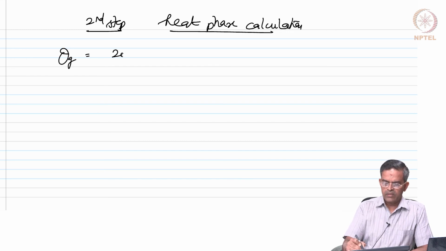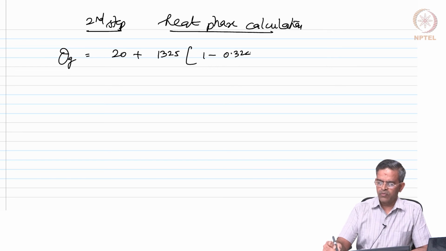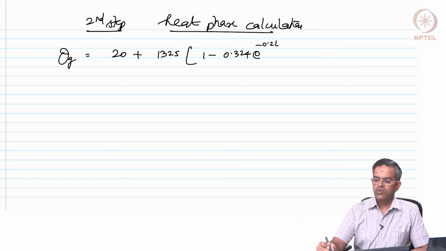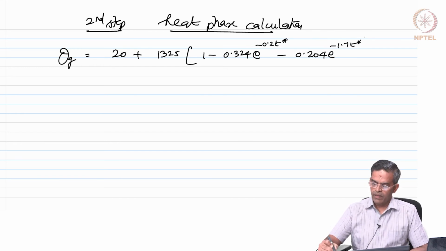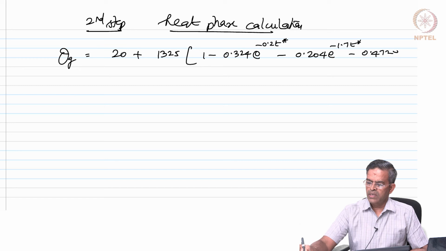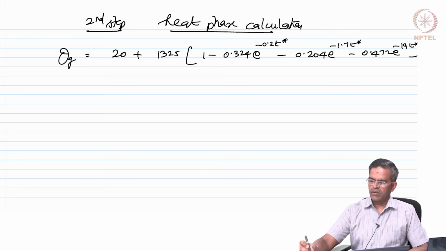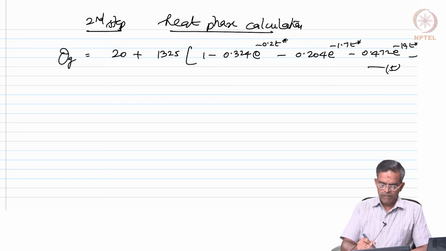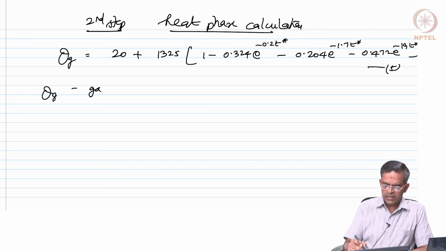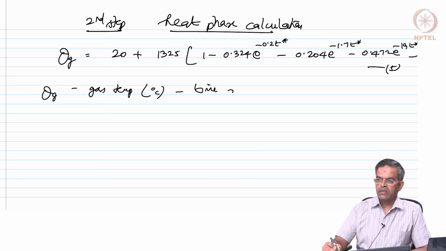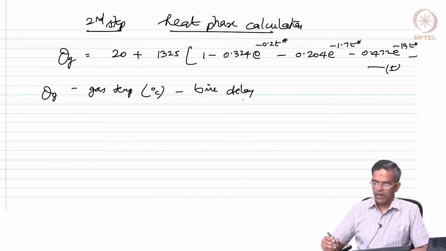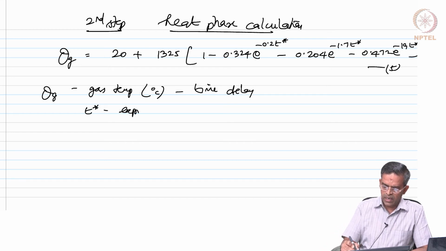Theta g is given as 20 plus 1325 times (1 minus 0.324 e^(-0.2 t*) minus 0.204 e^(-1.7 t*) minus 0.472 e^(-19 t*)). This is equation number 5, where theta g is the gas temperature in degrees Celsius, based upon the time. T star is expressed in hours.